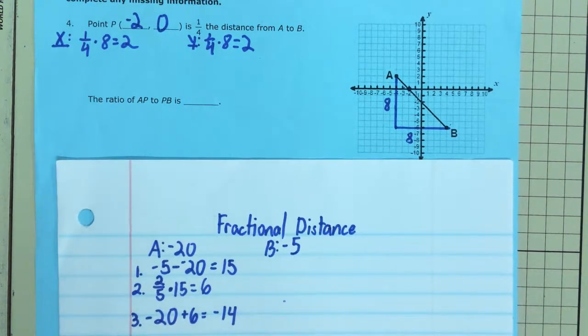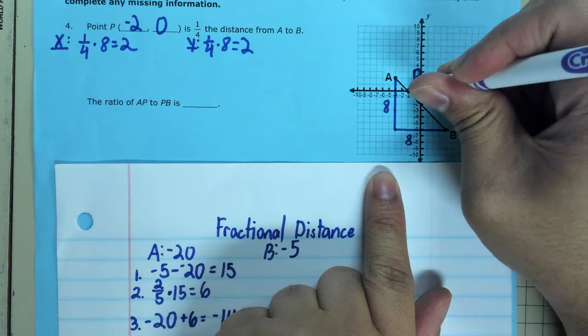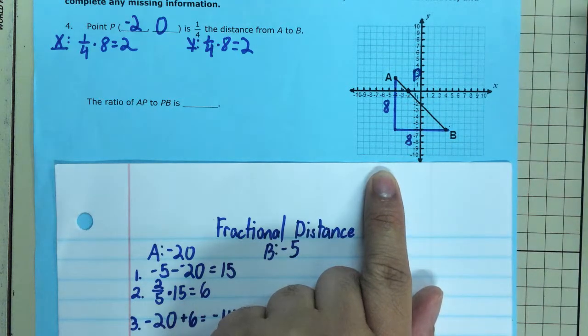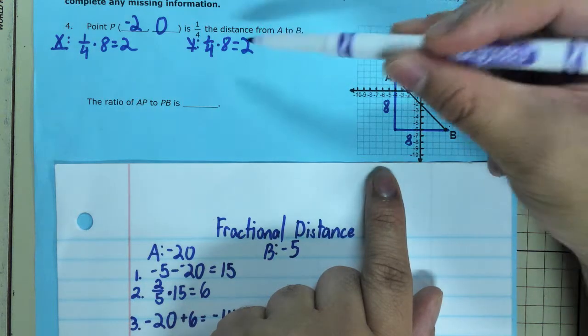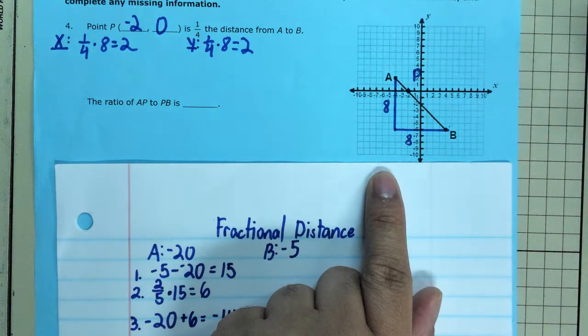The next question it asks is the ratio of AP to PB. So this right here is point P. When we're talking about ratio, we're talking about parts. It's a fraction. So we said it's 1/4 the distance. If we're talking about 1/4, we're cutting something up into fourths.